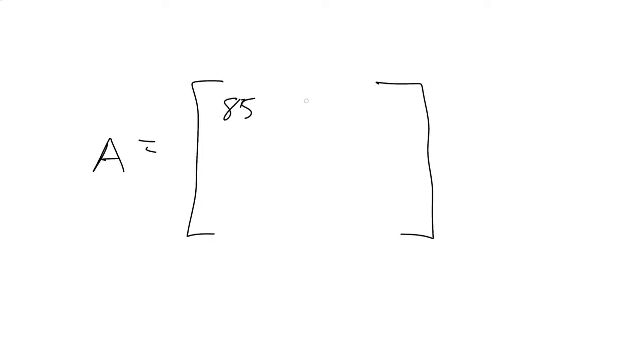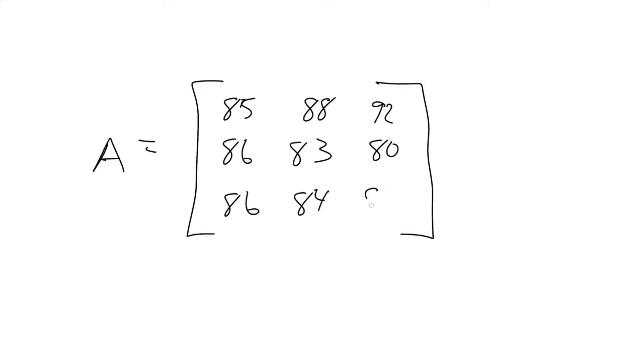Same thing is true for matrices. If I have this matrix A, and I have some elements here. Maybe I say it's 85 and 88 and 92, and I say 86 and 83 and 80, and I say 86 and 84 and 82. This is a 3 by 3 matrix, no matter how I count it, right?